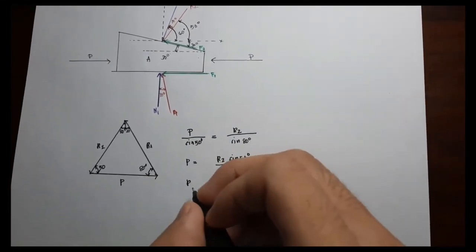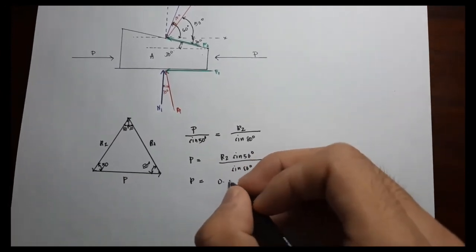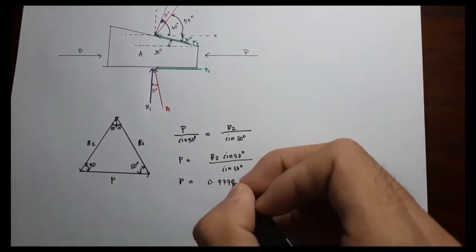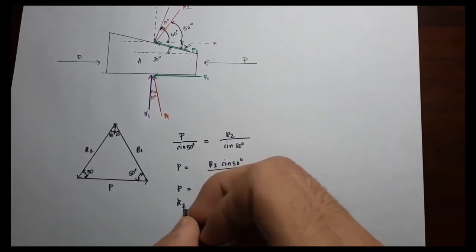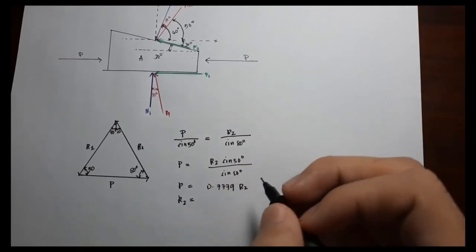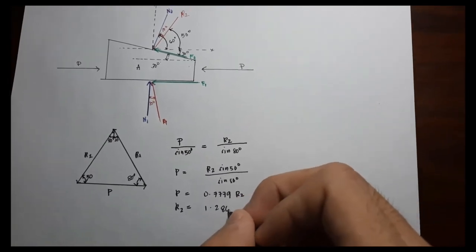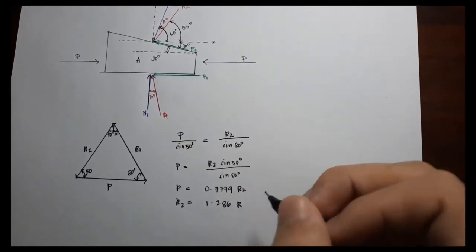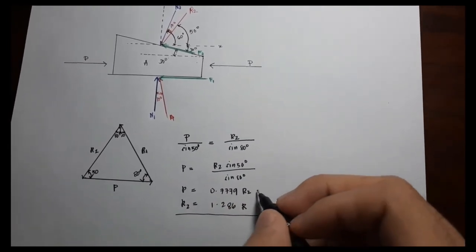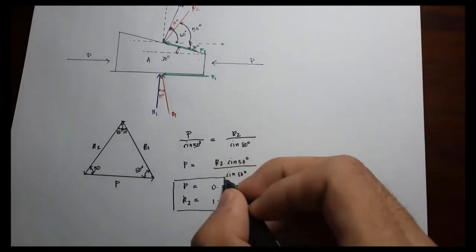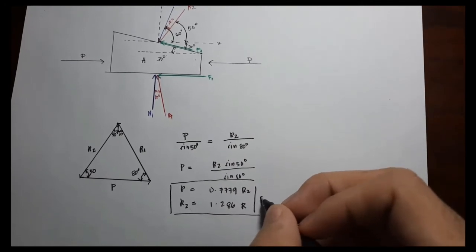So P will be 0.7779 R2, and R2 is equal to 1.286 P. Again, this will be our equation number 1.